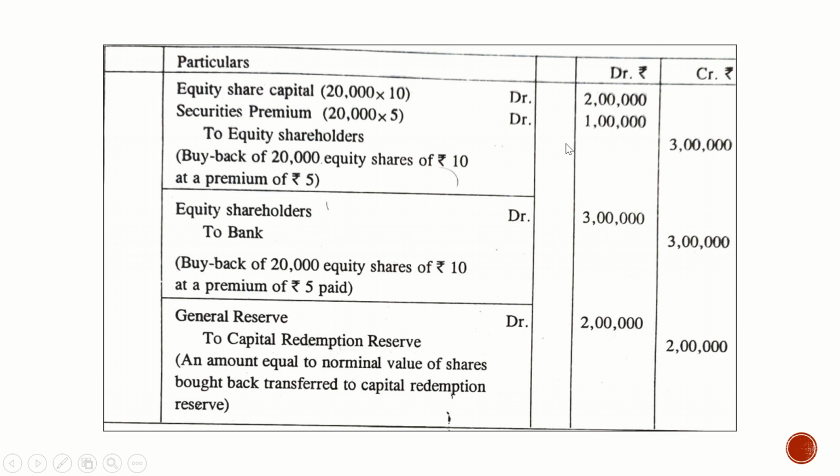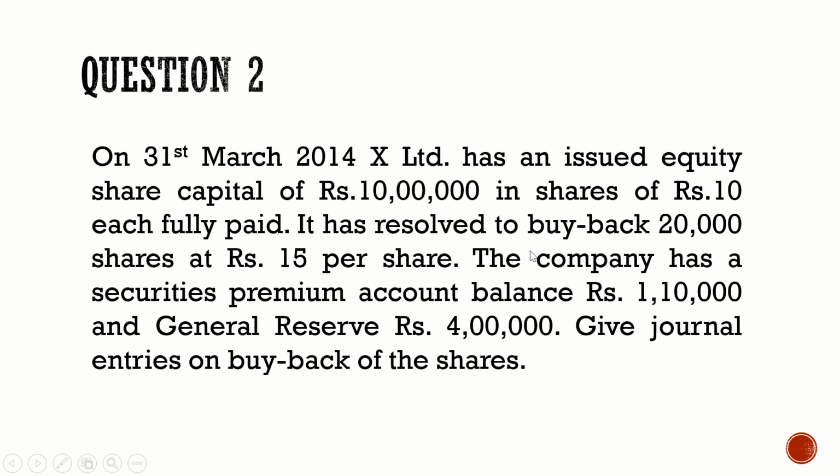So 20,000 shares are to be bought back. 20,000 into the face value amount comes to 2 lakh. Securities premium is rupees 5. That means the original face value was rupees 10, but in the question it is mentioned that 20,000 shares are bought back at rupees 15 per share.